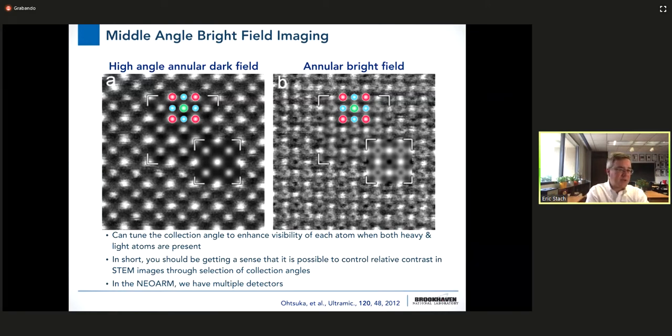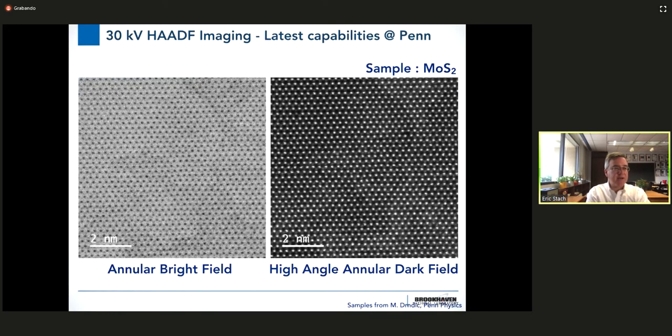And here's an example from our instrument here at Penn, where you're looking at a single layer of molybdenum diselenide, and you see the bright spots on the right from the molybdenum, the slightly dimmer spots in between from the selenide, and you're really able to nicely and cleanly image these two in the annular bright field and high angle annular dark field modes.